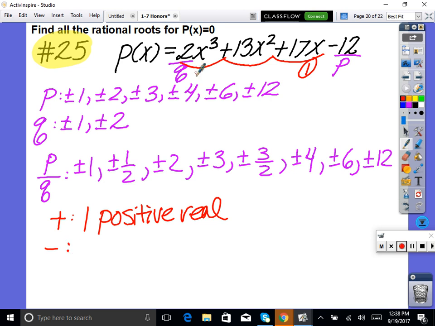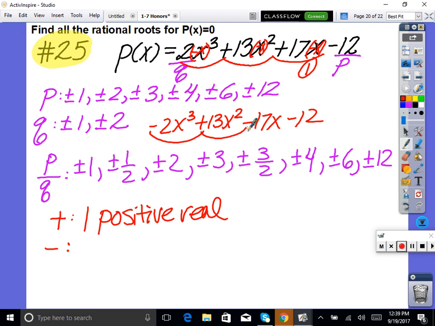So once again, won't that become negative? I plug in negative x. So that would be negative 2x cubed. Plug in negative x. So that would be still positive 13x squared minus 17x, because we're plugging in negative x, and then minus 12. Let's check. 1, 2. Isn't that it?